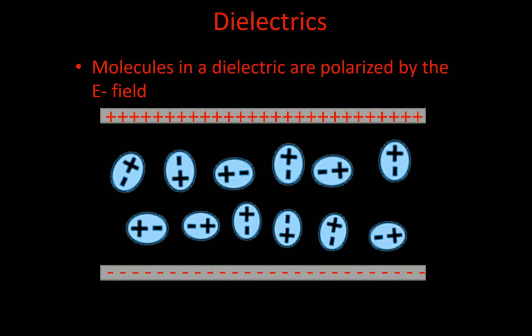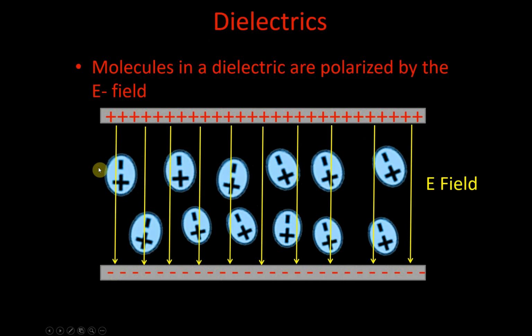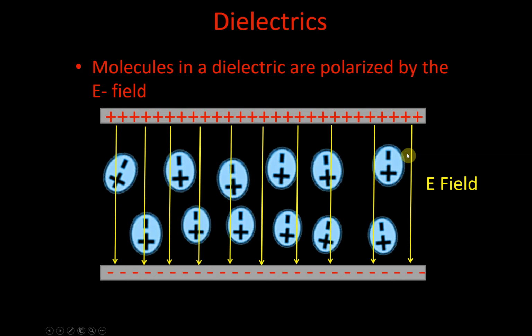So you'll often get a torque exposed to these various molecules. We stick a material in here that has a dielectric molecule, and then we essentially switch on the electric field. That will rotate these molecules. The positives will all align towards the negative plate, and the negatives will all align to the positive plate. You can actually put a physical force onto these molecules. You can apply a torque, or you can shift them through space from one place to another.